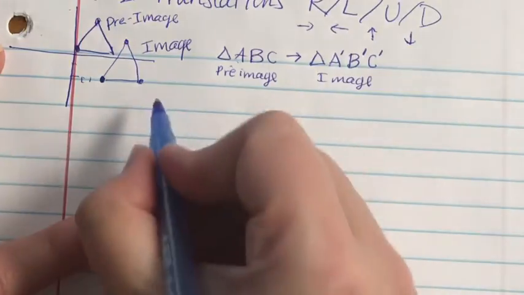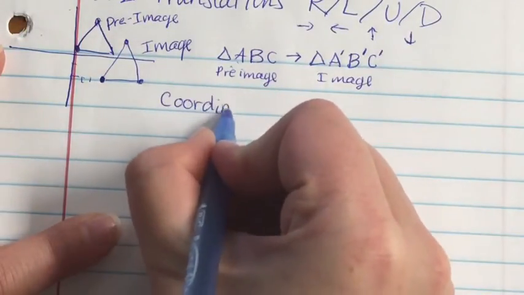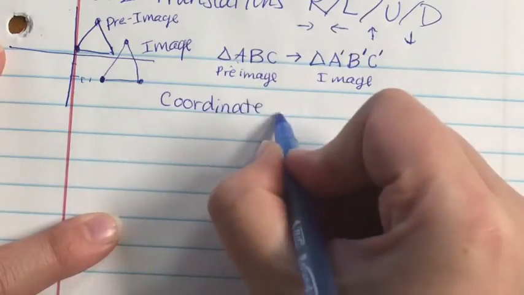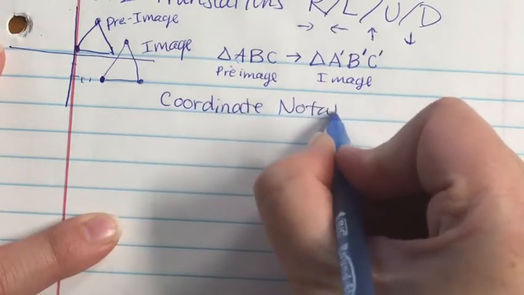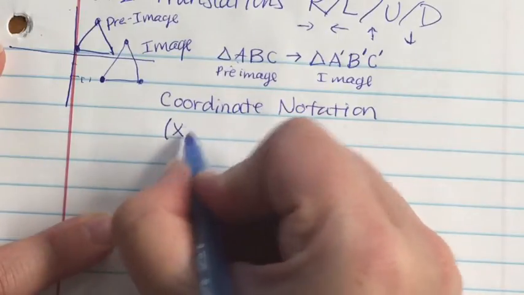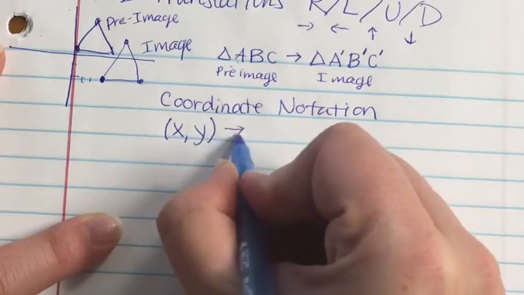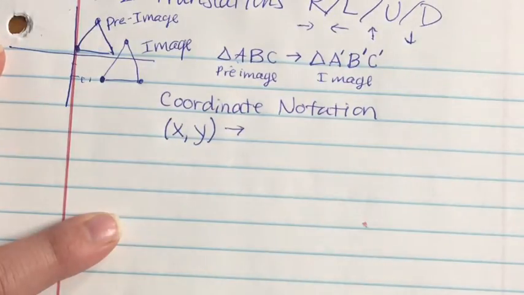Another thing that we do is come back to coordinate notation. If we took the points in the pre-image, x and y, this is how you would describe the translation.